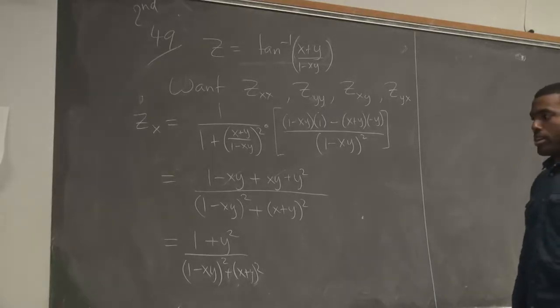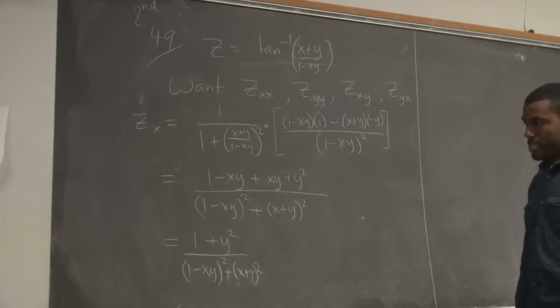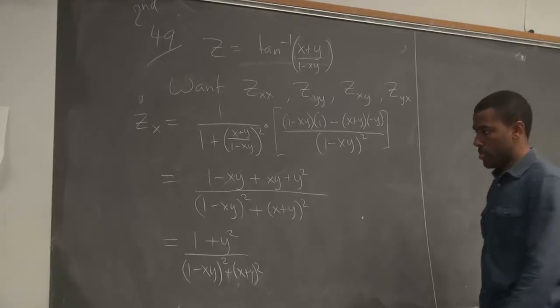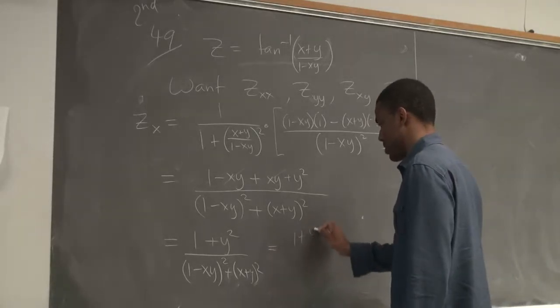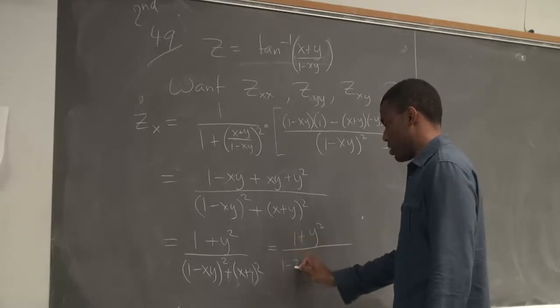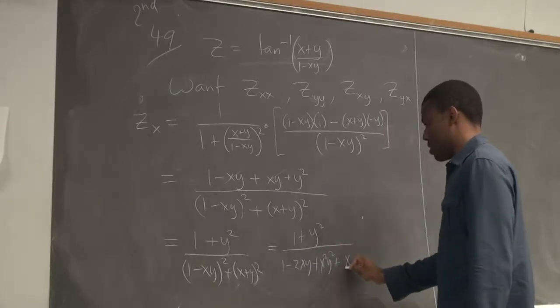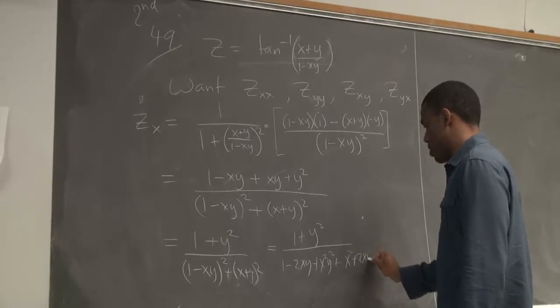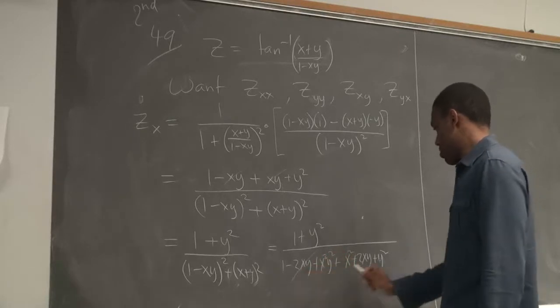Did anyone try simplifying it even more? I think it's better because we have to take another derivative. I don't even know if it will be beneficial, that's what I was wondering. Okay, let's see. This would be 1 minus 2xy plus x squared y squared plus x squared plus 2xy plus y squared. So this would be that.